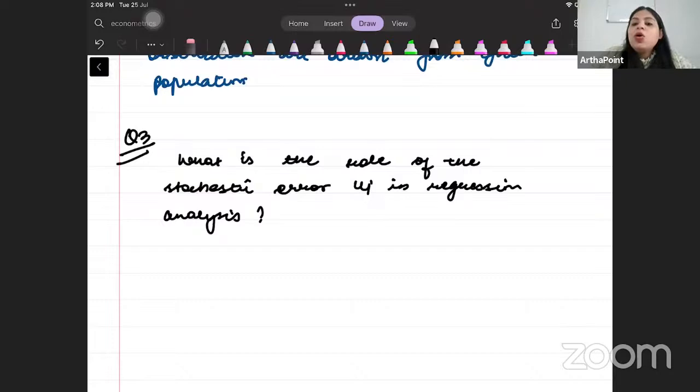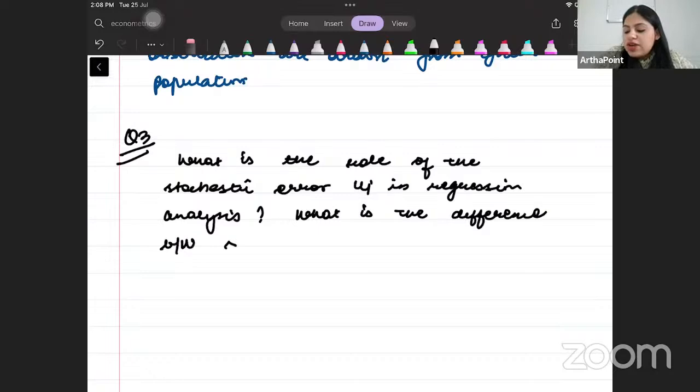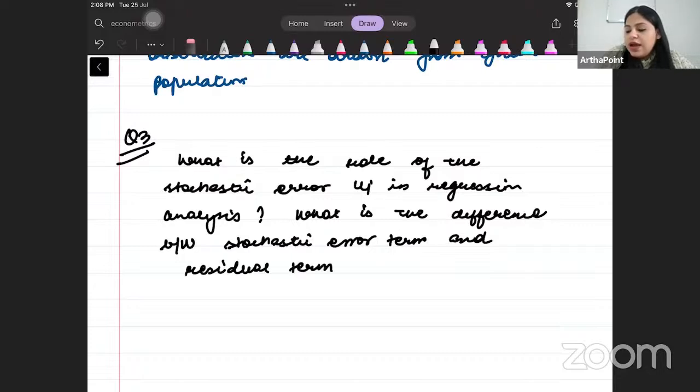And then it is saying, what is the difference between the stochastic error term and the residual term ui hat?